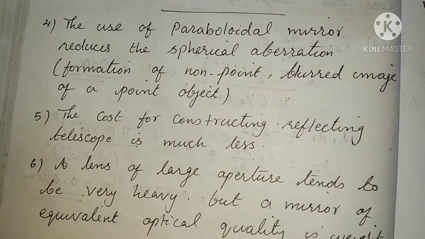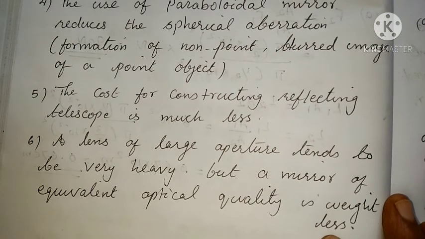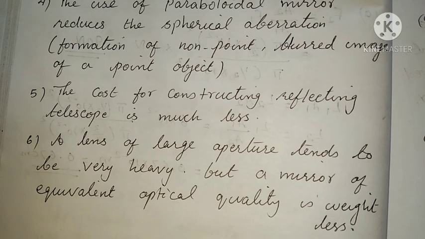Then what is the fifth point? The cost of constructing a reflecting telescope is much less than a refracting telescope, because in a reflecting telescope we are using a mirror. A mirror requires grinding and polishing of one surface only, so it costs much less to construct.